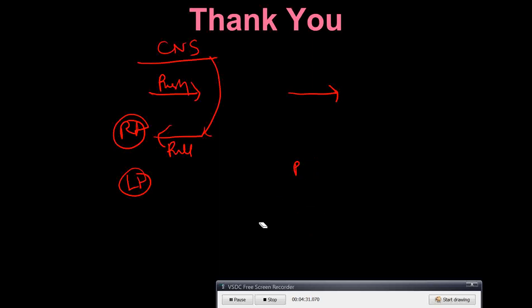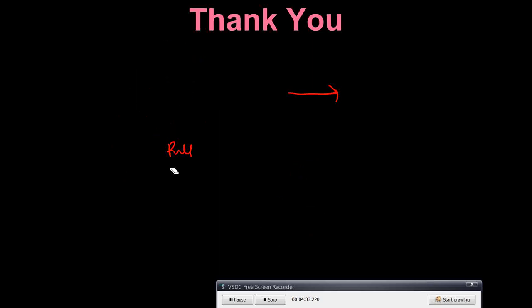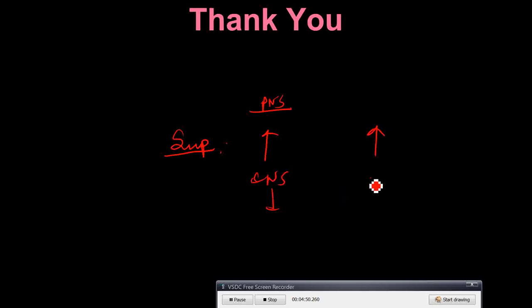Once again, if you take the posterior semicircular canal and superior semicircular canal, for the superior semicircular canal, the PNS always tries to lift it up, feels the superiority complex, but the CNS always tries to pull it down, pushes it down.